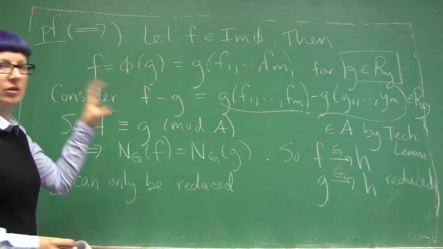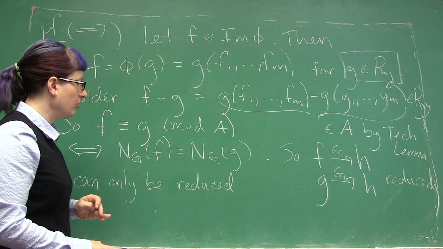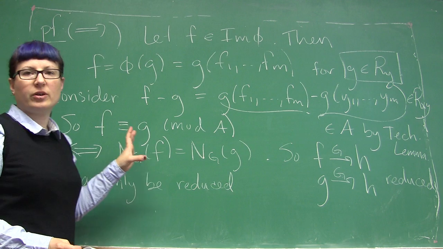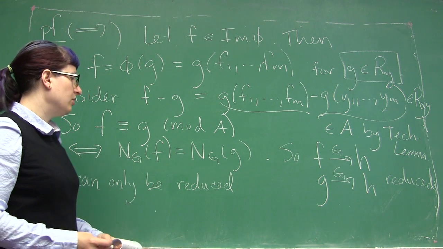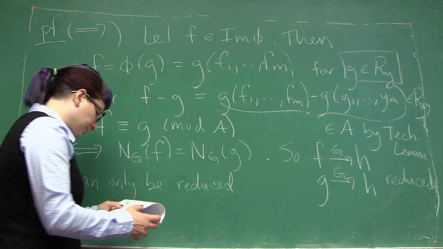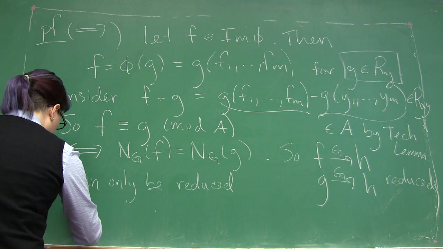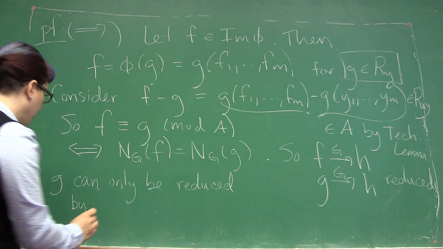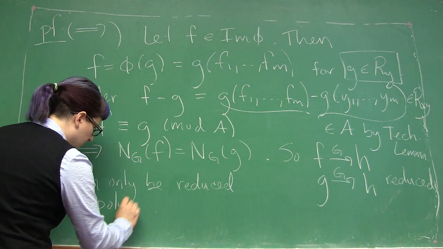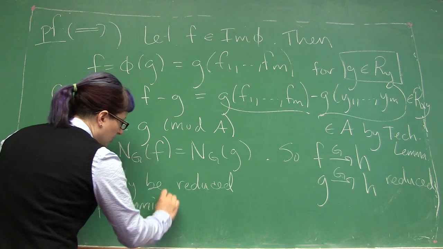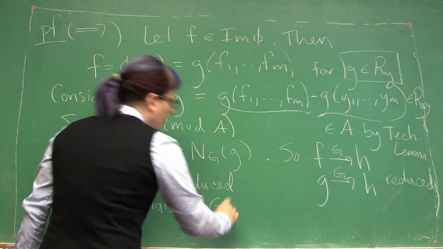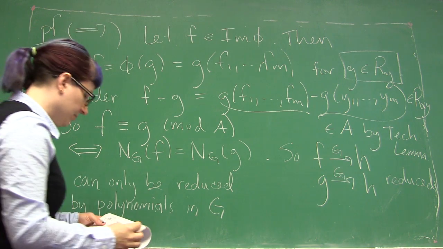But because of our ordering, the x variables are larger than the y variables. If their leading terms are all y variables, then all of their variables are y variables. So g can only be reduced by polynomials in G that are also in R[y].